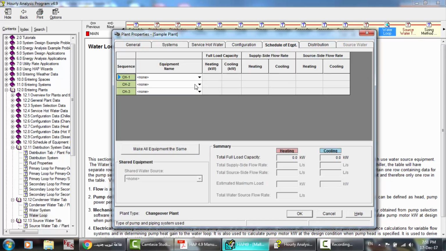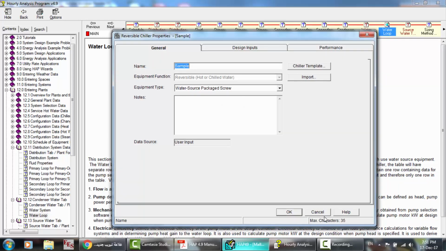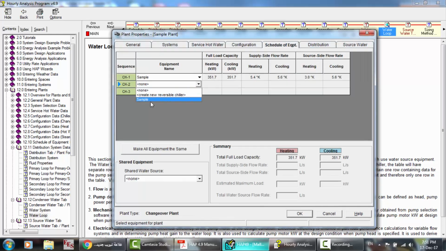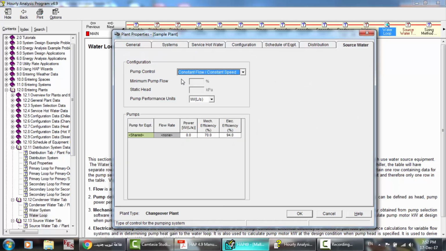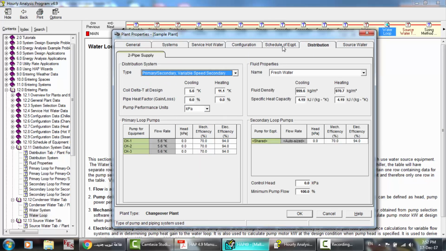So as you see, it depends always on the things you get or input. We refer to the distribution and the source water. Okay, for the pumps, look, it is shared. Okay, make it variable.